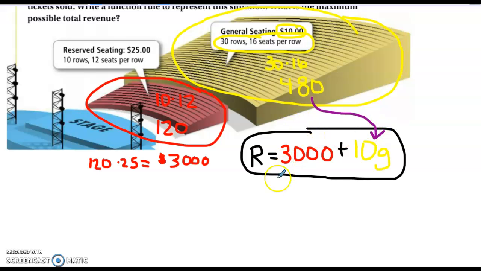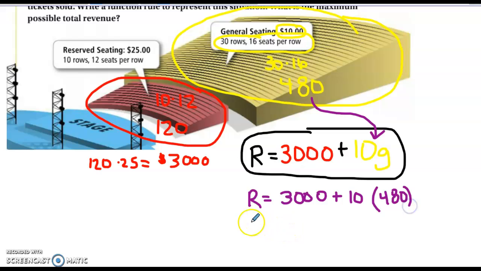So to make the most possible total revenue, my revenue would equal, I sold out the reds, so I made my $3,000 there. And I'm going to have to figure out how much I make when I sell out my yellows. So I'd have 10 times 480 tickets. Order of operations, I'd multiply first.